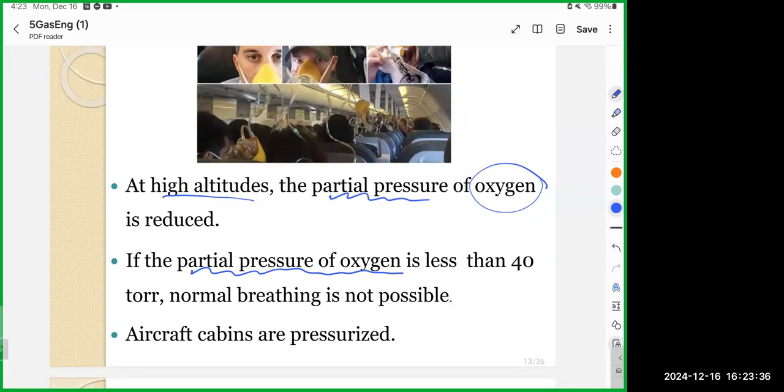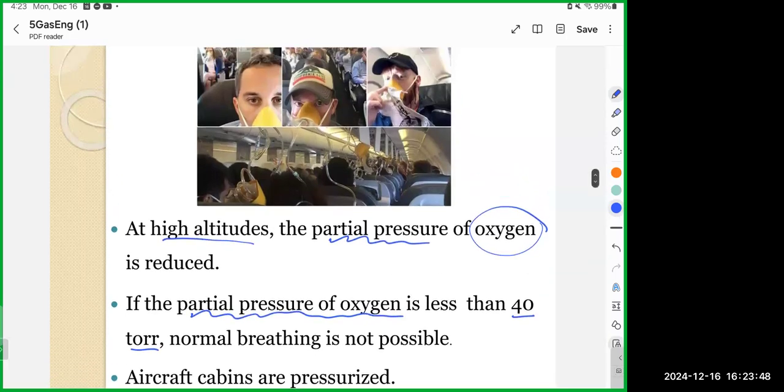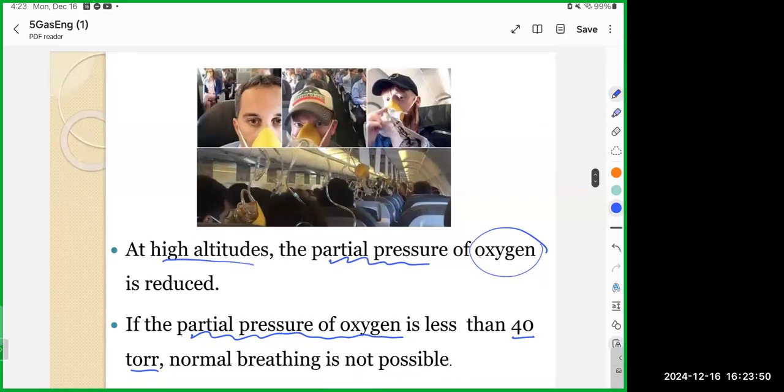Just partial. If the partial pressure of oxygen is less than normal, we cannot breathe normally. And this incident might happen because the oxygen is at a very low level. Okay.